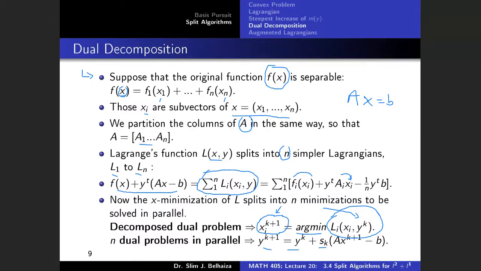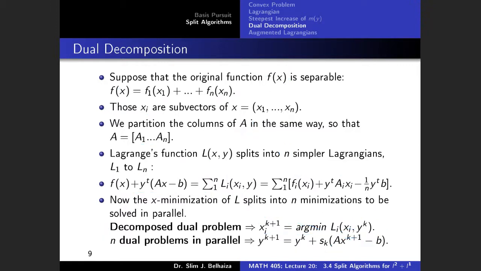Then, once you find the xi^(k+1), you use them to update Ax. You see the gap between Ax and b, how close you are to satisfying the condition. Multiplied by the step size, you update the y's. You go back and forth, and you converge quite rapidly if you satisfy the separability condition on the function f. Got it? So let's see it in the next example.